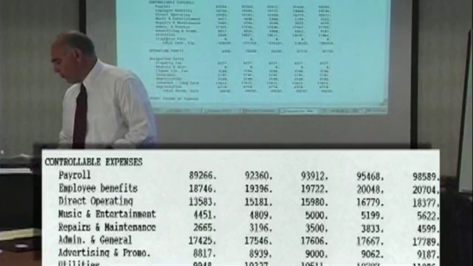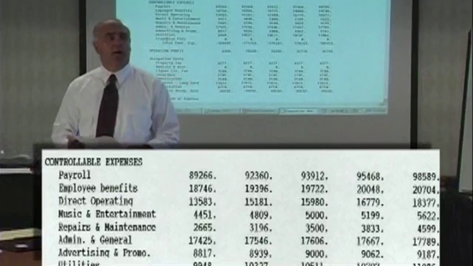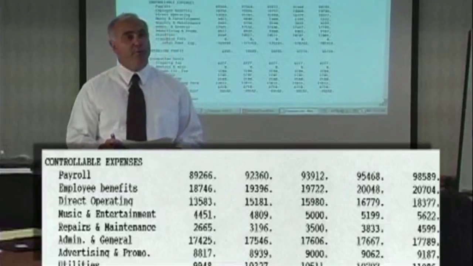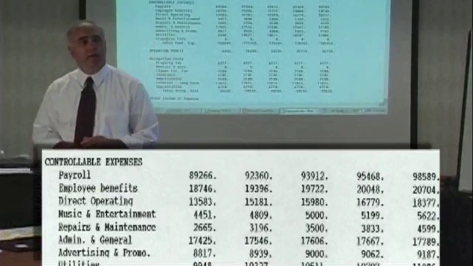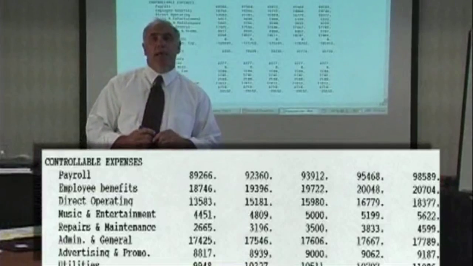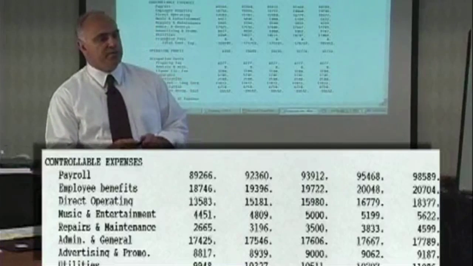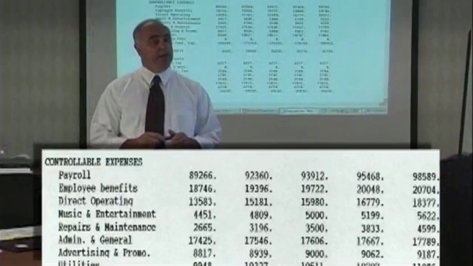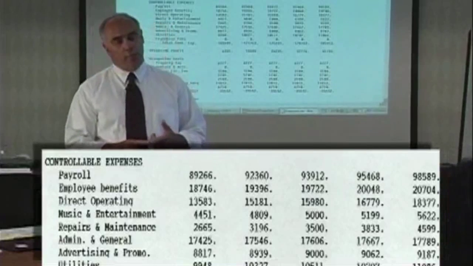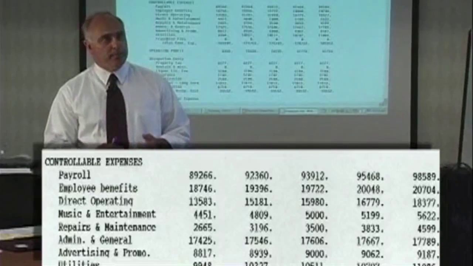Other aspects of the controllable expenses did not appear on the marketing plan because they are largely beyond management's control. For example, employee benefits. Well, employee benefits, according to the Uniform System of Accounts, are largely expenses that are legislated. Payroll taxes that the business is obligated to pay. Federal unemployment taxes, as an example.